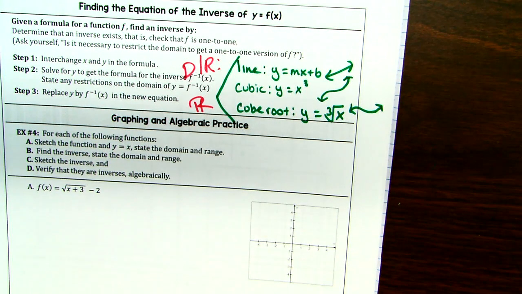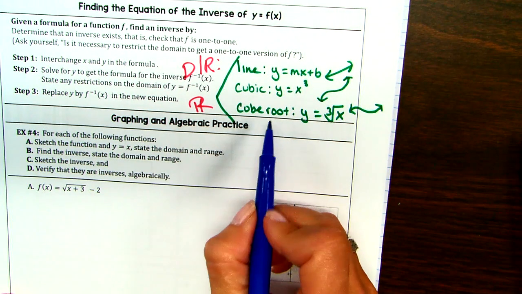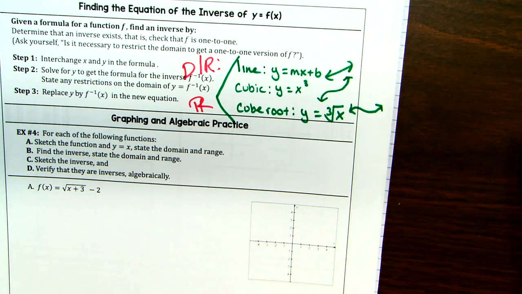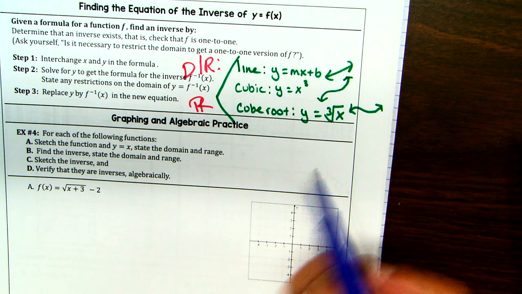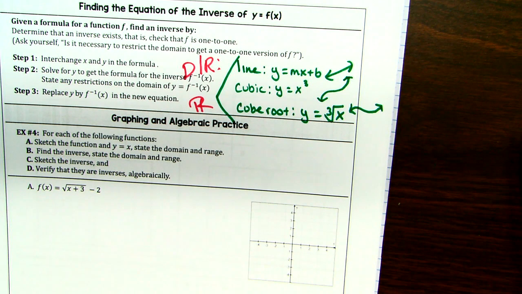There's no numbers that cause any problems with them, which means when you find their inverses, there's no problem either. Some of the others are unfriendly because there are certain numbers you can't put in the denominator, certain numbers you can't put in the radical, right? We can't have negatives, for example. You can't have zeros in a fraction. So those make the problems a little trickier when you find the inverse.